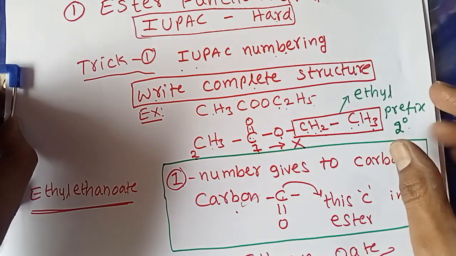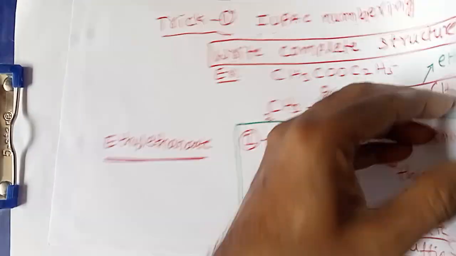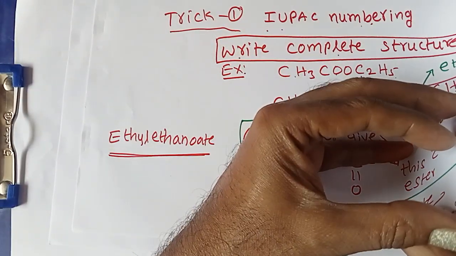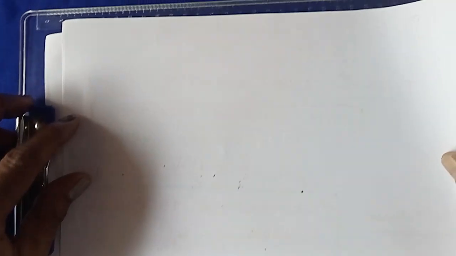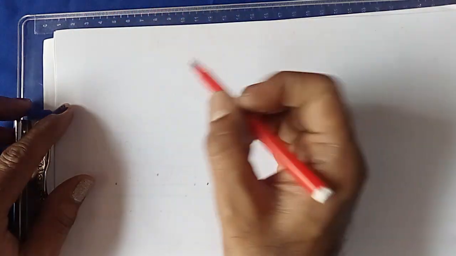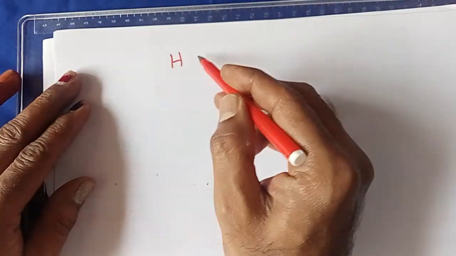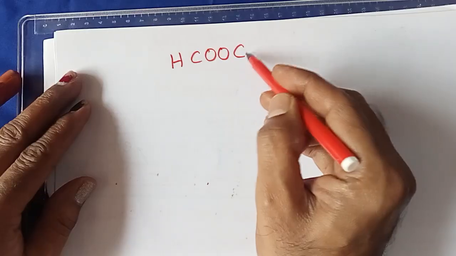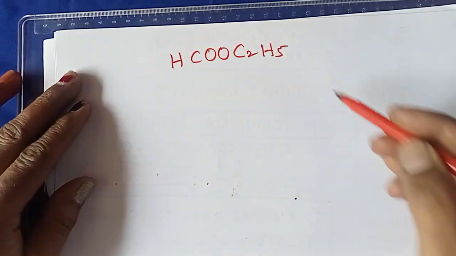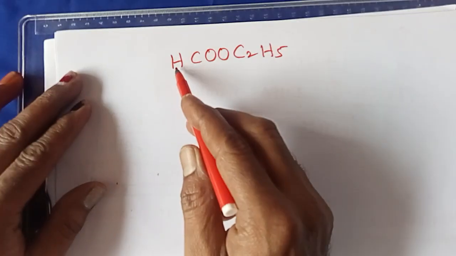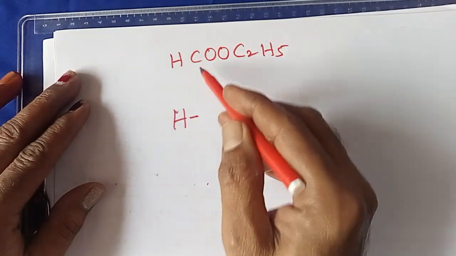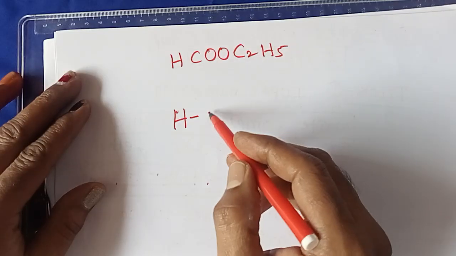In another example, one more example: HCOOC2H5. It is very hard. For any compound, you write the complete structure. This hydrogen as it is, this carbon as it is.